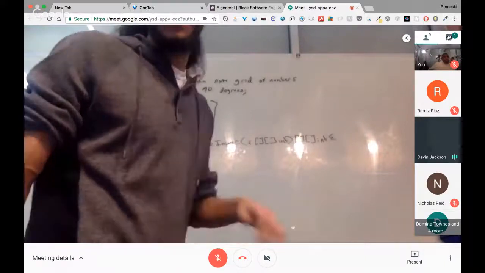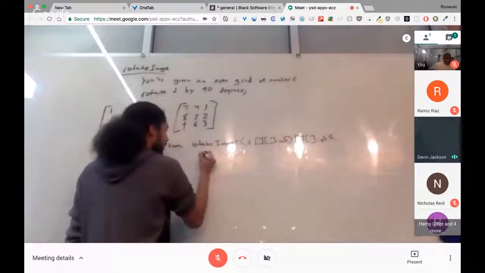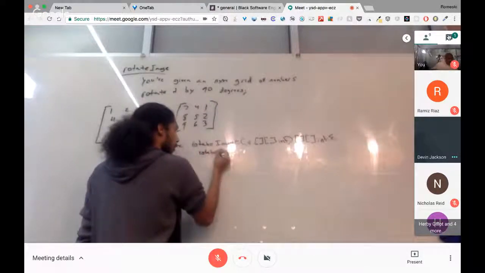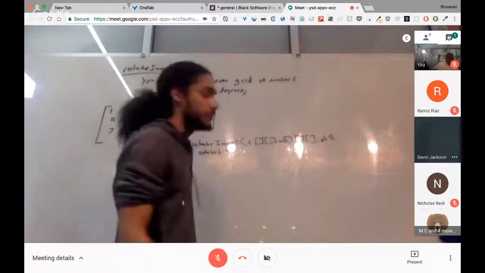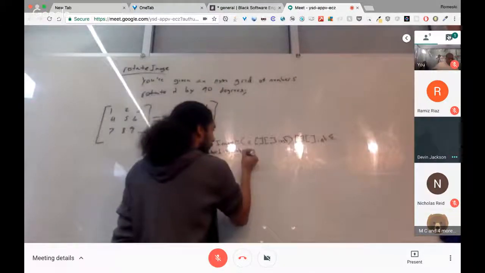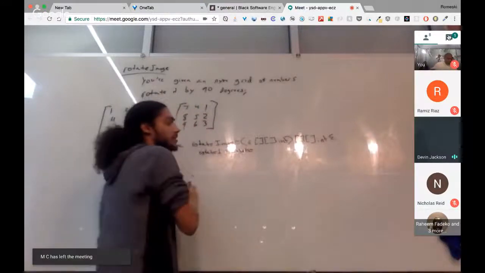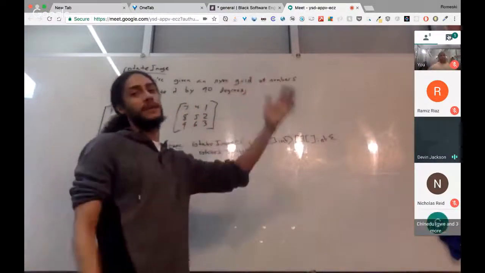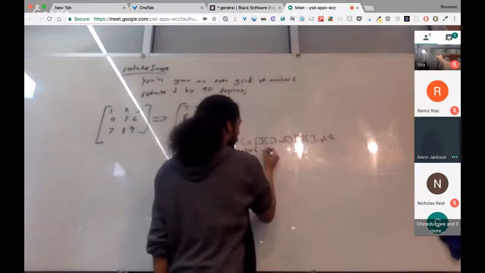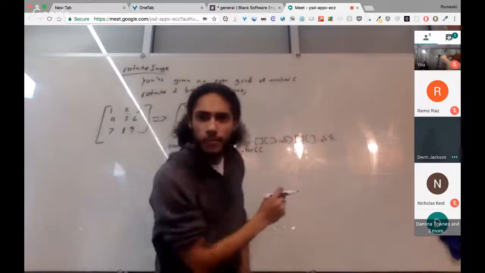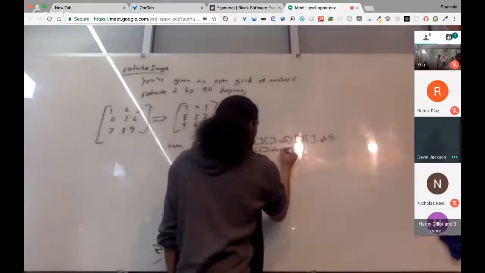So yeah, I started off by making a variable called rotated. This is actually it right here. Rotated would be the array that I'm going to be filling up as I loop through the original array.